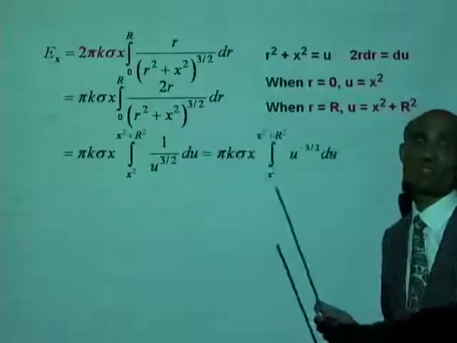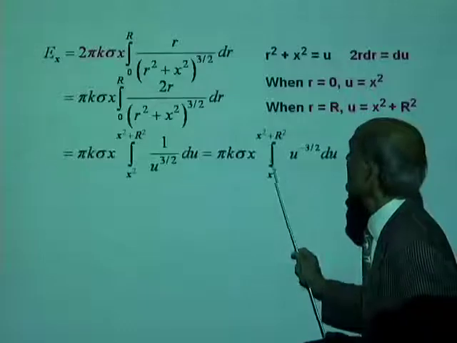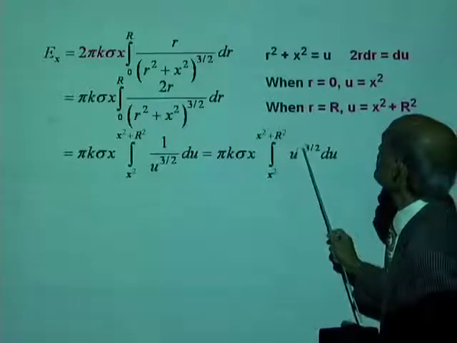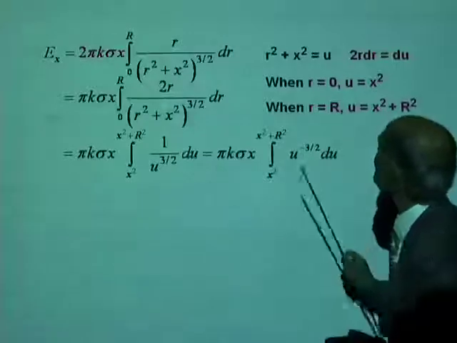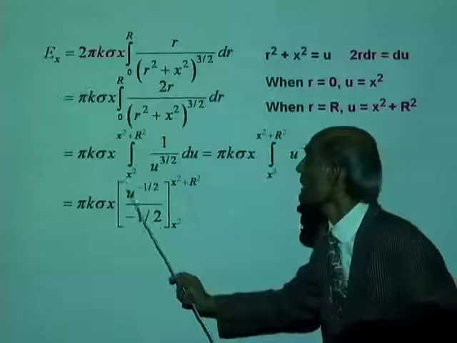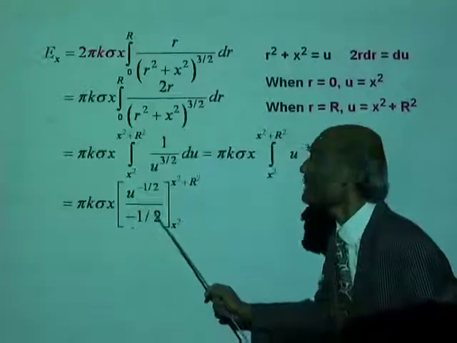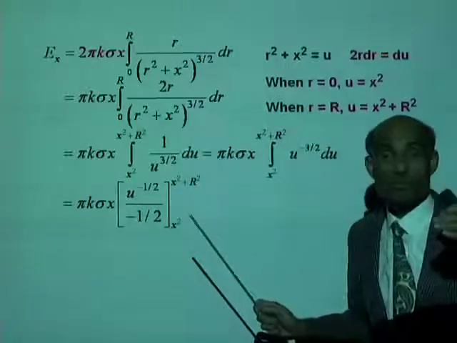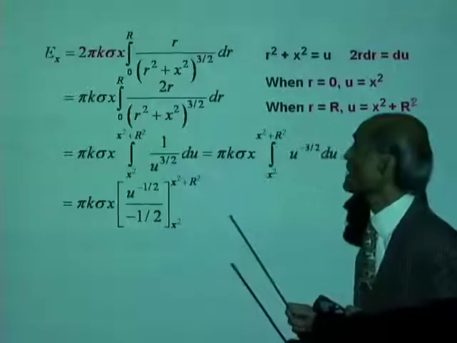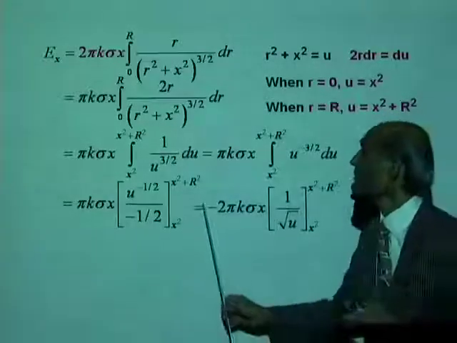And you know how to integrate this. That will be pi k sigma x, integral x squared to x squared plus R squared, u to the power of negative 3 over 2 du. The integral of that will be u to the power of negative 1/2 over negative 1/2, using the power rule for integration, with the lower and upper limits for u. And simplify this.